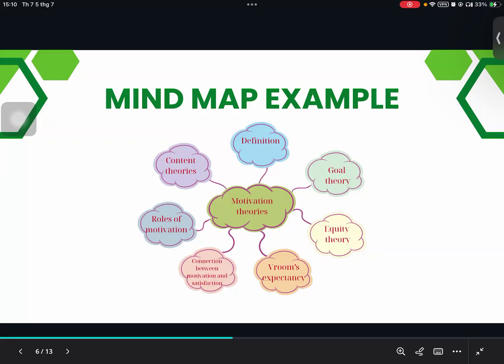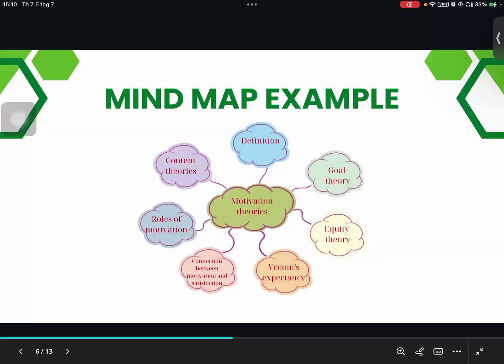And then you can go into different theories regarding motivation. We have the content theory and the process theory. The process theory here can be divided further into expectancy theory from Vroom, equity theory, and goal or attainment theory.